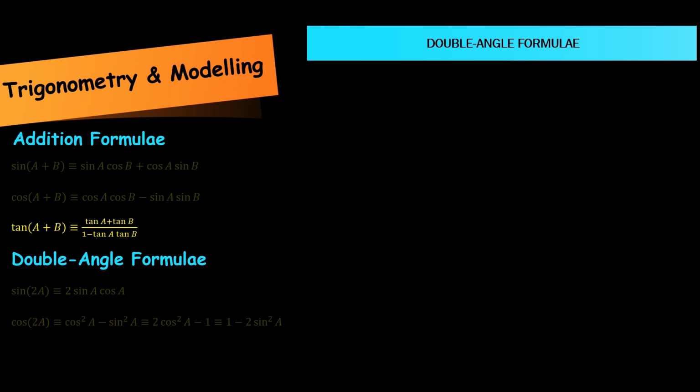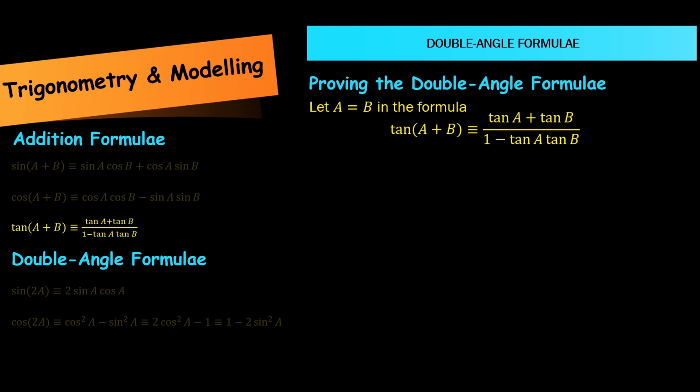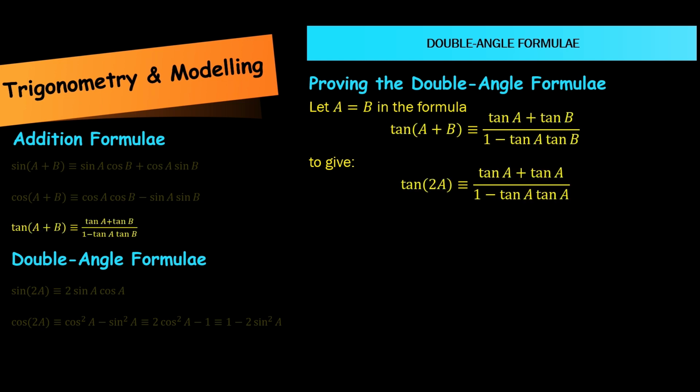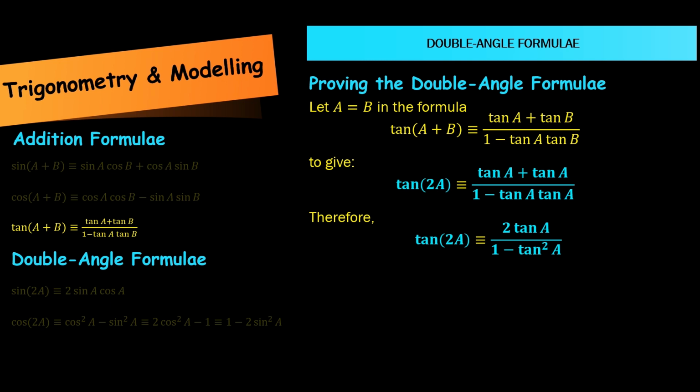Again, if we let A equal B in the formula for tan, we obtain tan 2A equals (tan A plus tan A) all over (1 minus tan A tan A), which is identical to 2 tan A all over 1 minus tan squared A. And this is the double angle formula for tan. So here are the double angle formulae.